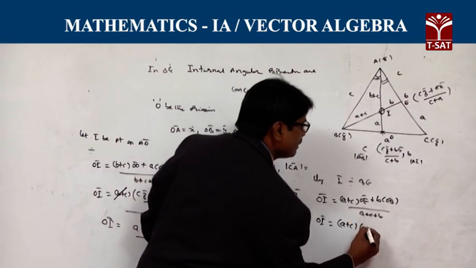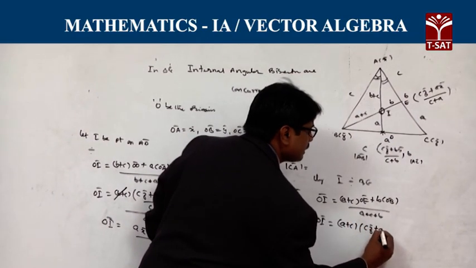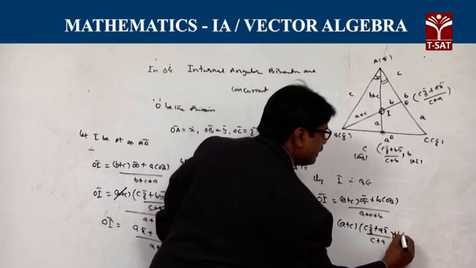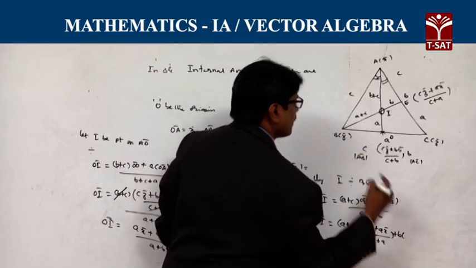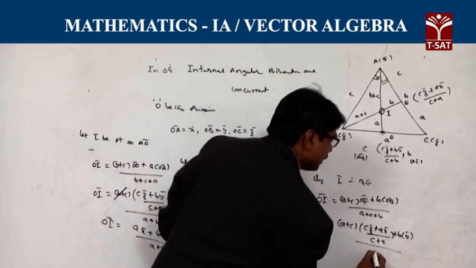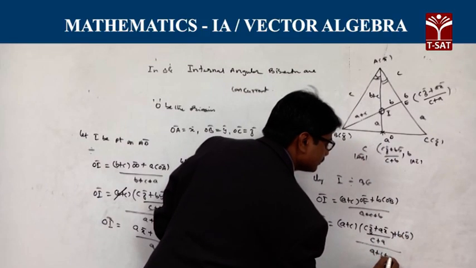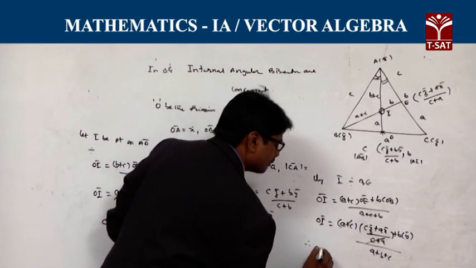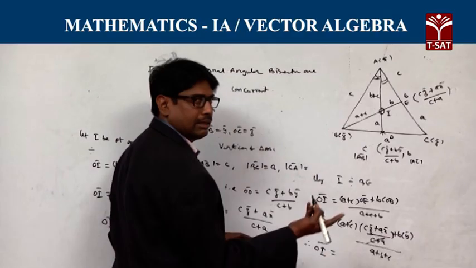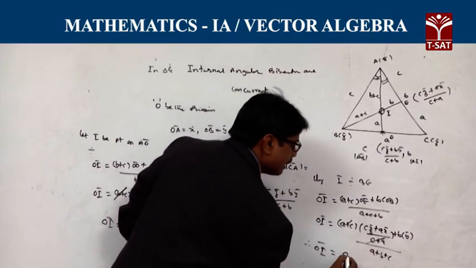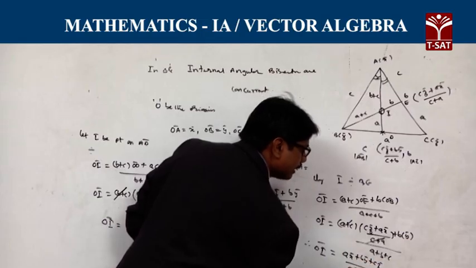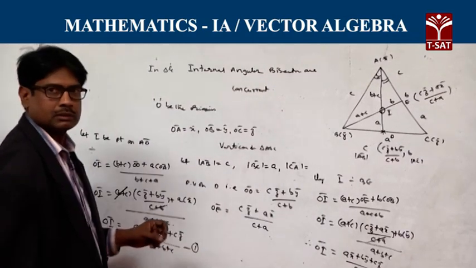OE bar will be (CZ bar plus AX bar) divided by (C plus A), plus B times Y bar, and divided by A plus B plus C. C plus A cancel. Therefore, OI bar with respect to the second internal angular bisector is (AX bar plus BY bar plus CZ bar) divided by A plus B plus C. Name it as number 2.